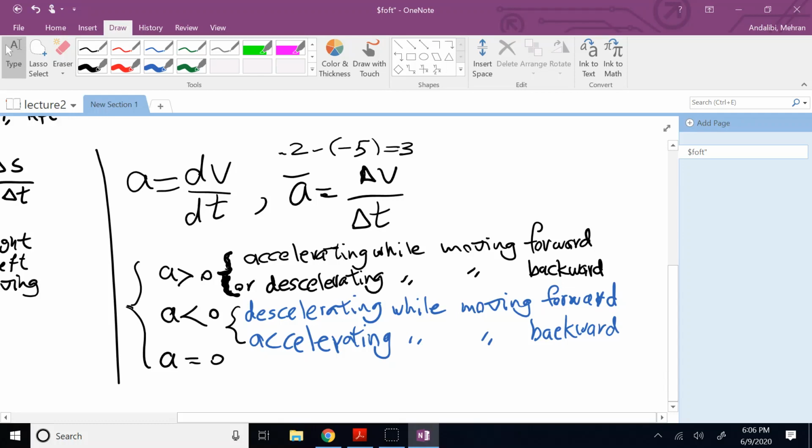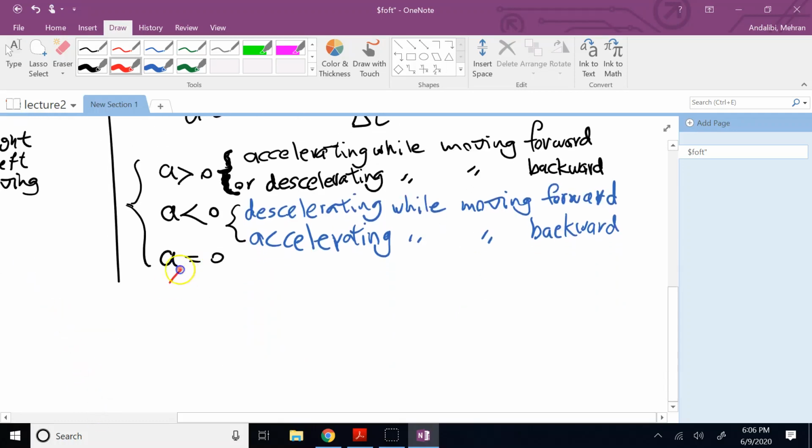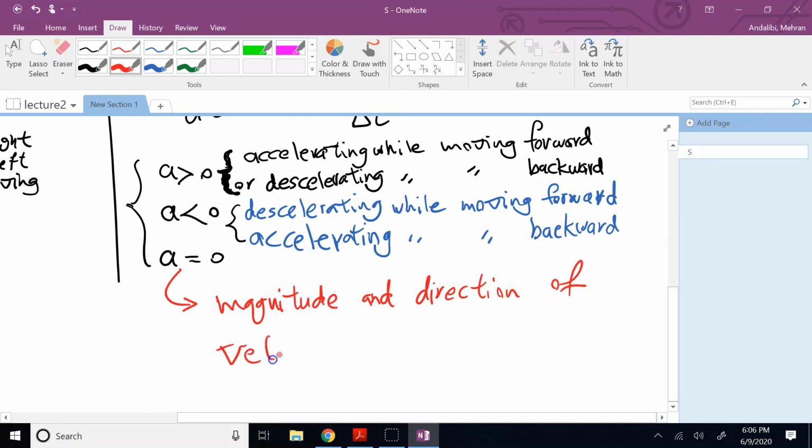And when we say velocity does not change, it means both what? Both magnitude and direction. None of that should change. Otherwise, you do have acceleration. So the meaning of it is that the magnitude and direction of velocity is not changing.